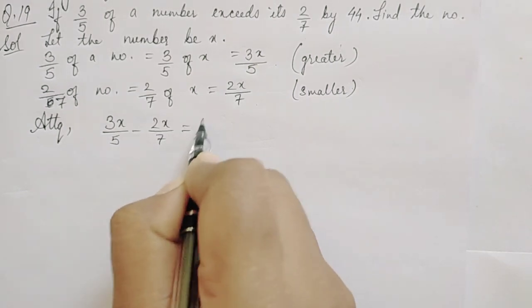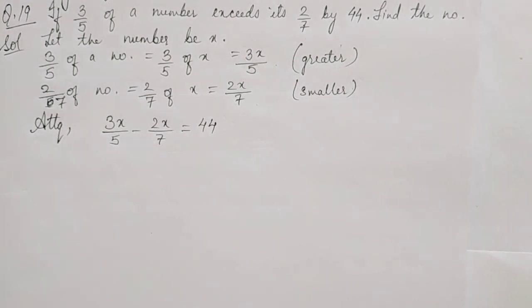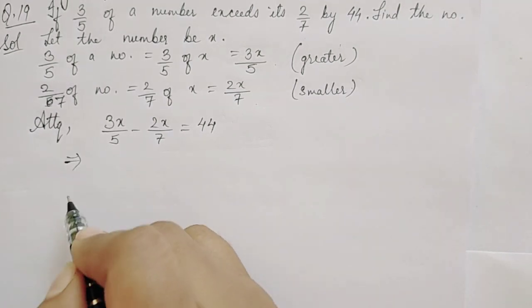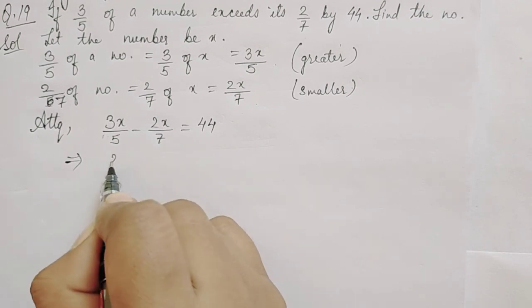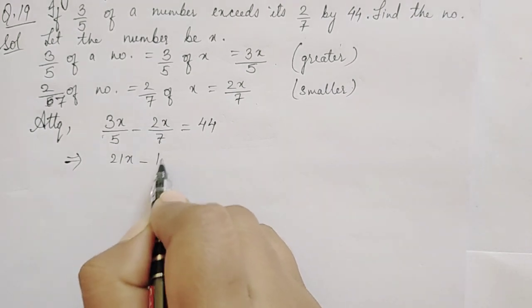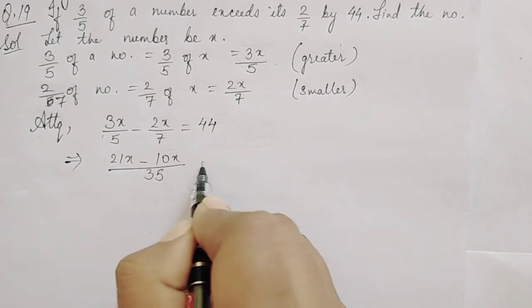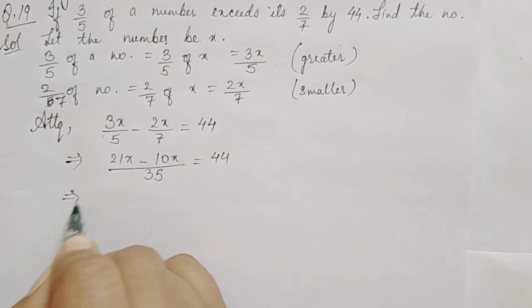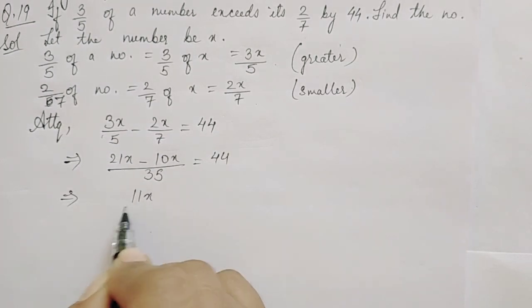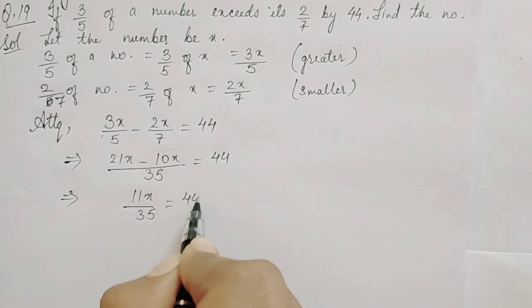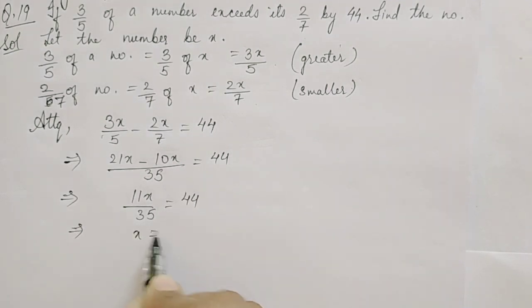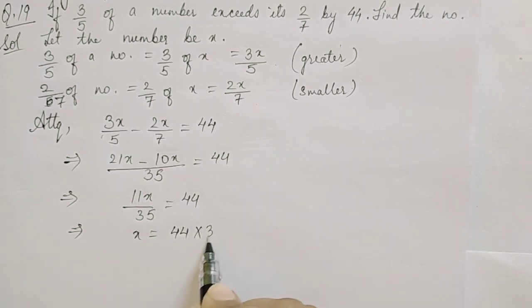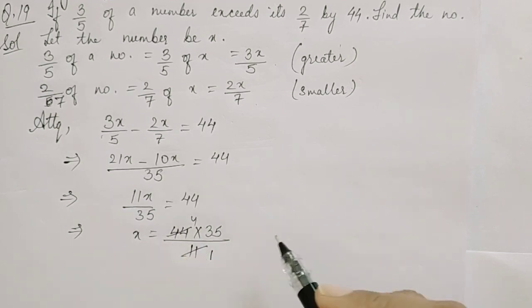Now we have framed an equation, so we can find x. So 7 3s are 21x minus 5 2s are 10x upon 35, that is 44. 21x minus 10x is 11x upon 35 equal to 44. x is equal to, cross multiplying, 44 times 35 goes up, 11 comes down. 11 ones are 11, 11 fours are 44.